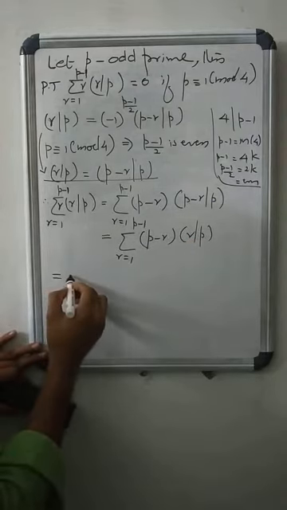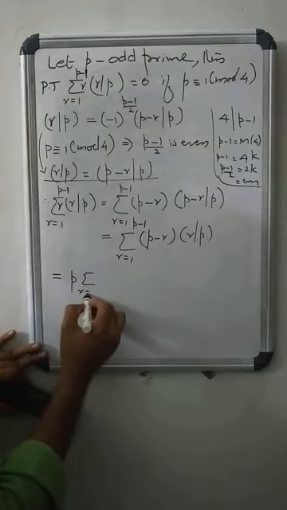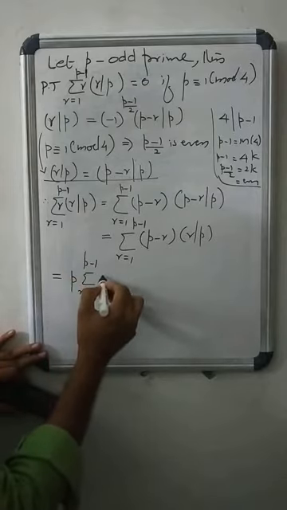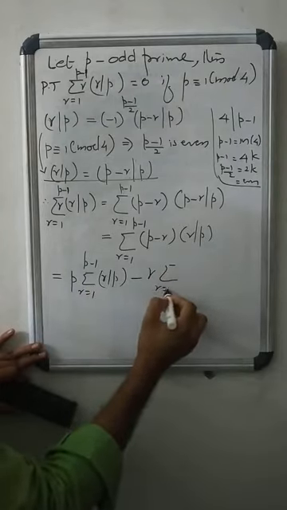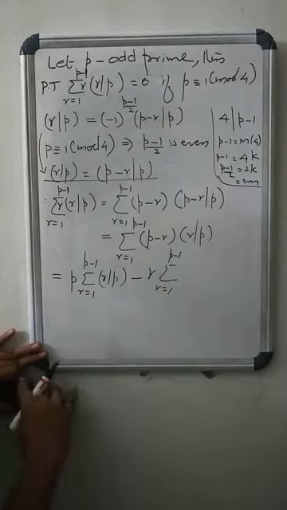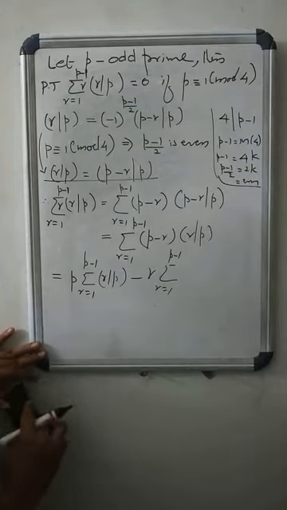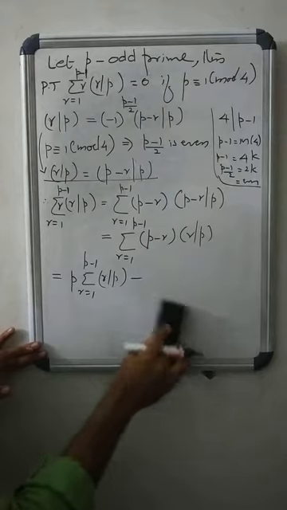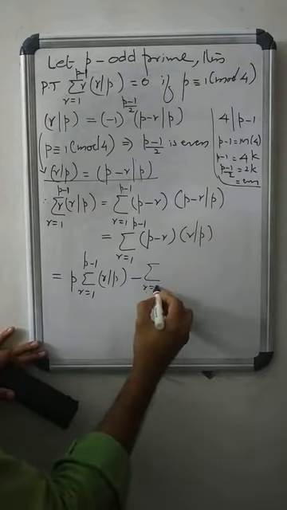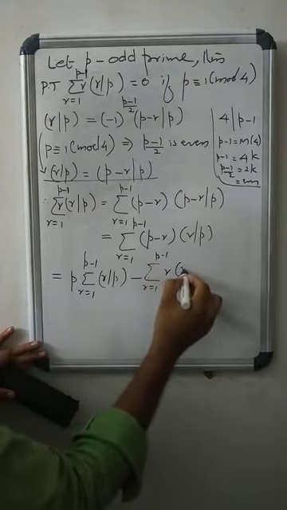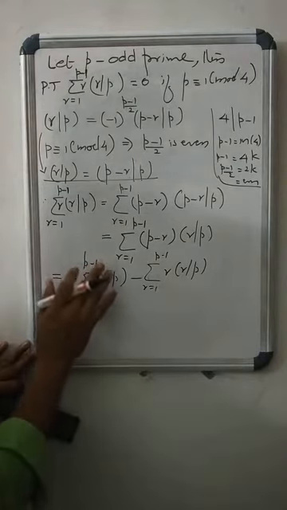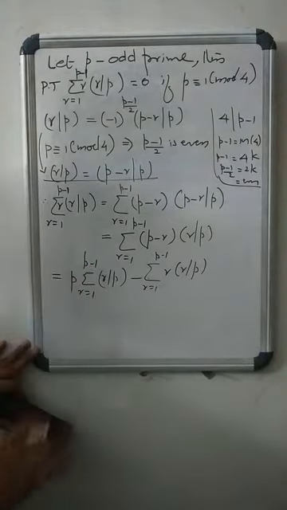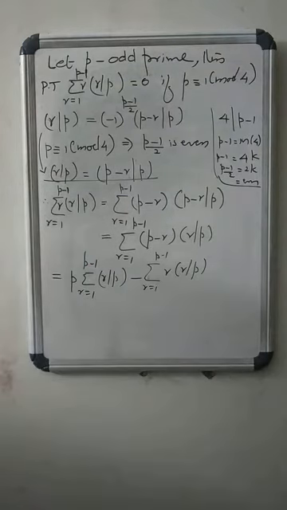That equals p into sigma r by p minus sigma r into (r by p). Clear? We can distribute, because of the multiplicity. What about this one? This is always 0: p into sigma r ranges from 1 to p minus 1 of (r by p) is always 0.